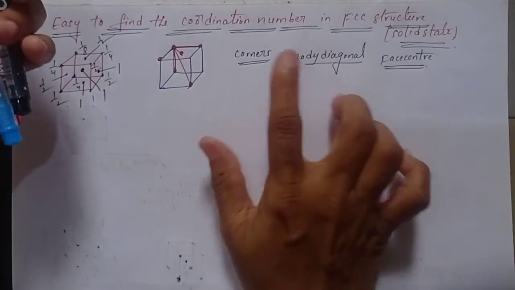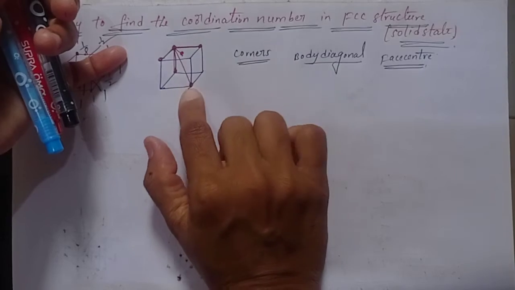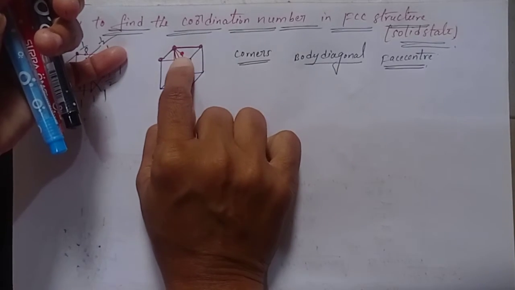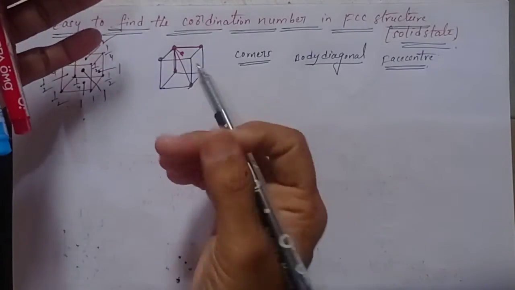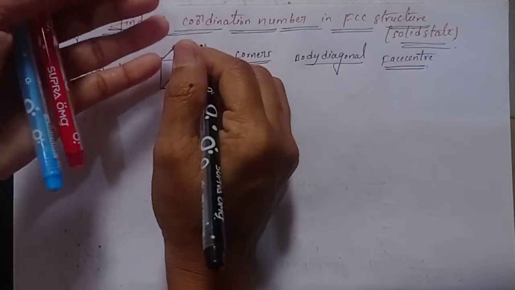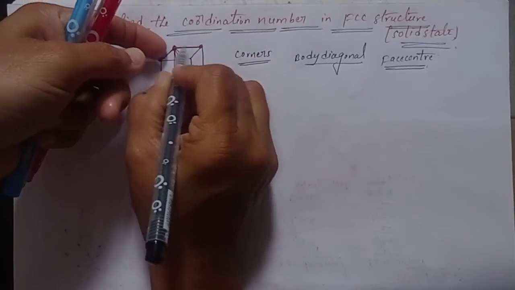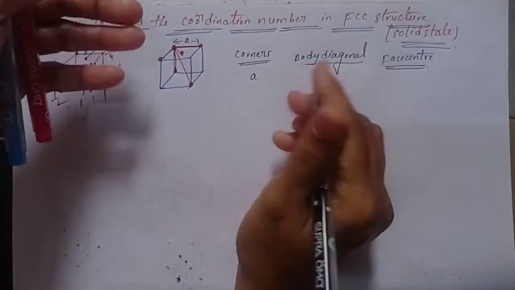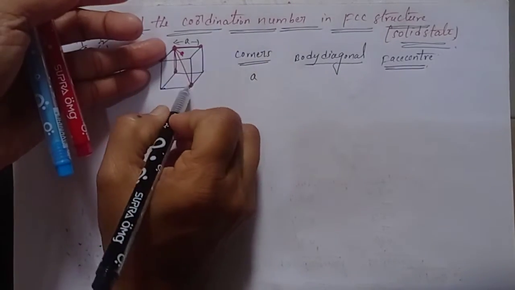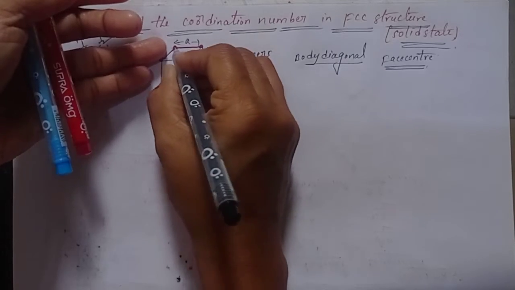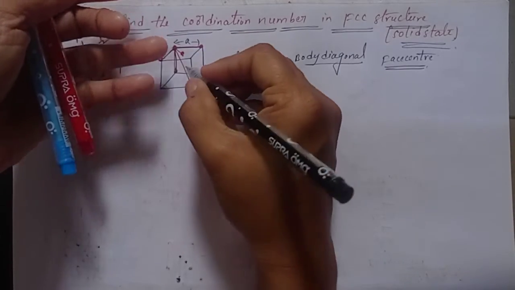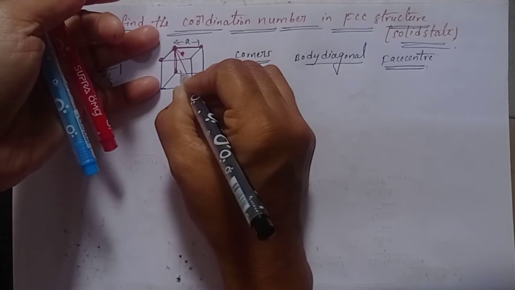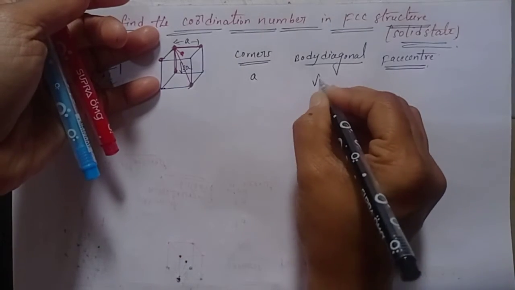So I am taking three particles: one is the corner particle, another is the body diagonal particle, and this is the face center particle. These values we already know, I discussed them in the last classes. From here to here the edge length is a. So this distance is how much, students? A. And for the body diagonal particle, from this corner to this corner, the body diagonal length is √3 times a. So I am taking that value.